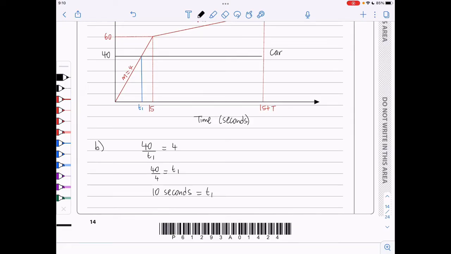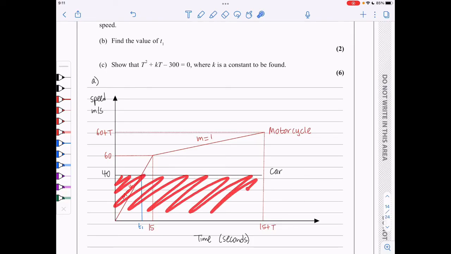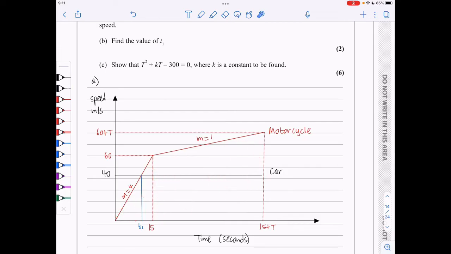And then part C, show that capital T squared plus K capital T minus 300 is 0, where K is a constant to be found. Well, because we were told that the motorcyclist catches up with the car, it means that the area under the speed-time graph, which is the distance, should be the same. So the area for the car and the area for the motorcycle should be the same.